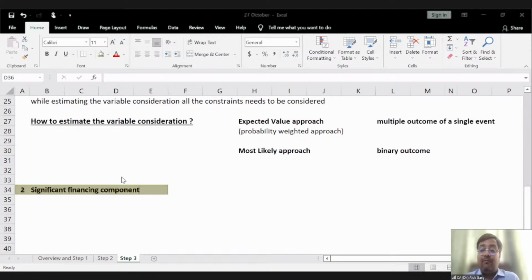Why? Because the time value of money is there. So friends, in this case, the customer has paid 20 crores to the entity. Is the value of the goods and services 20 crores? In a way, when the customer is paying in advance, the customer is funding the operation of the entity.